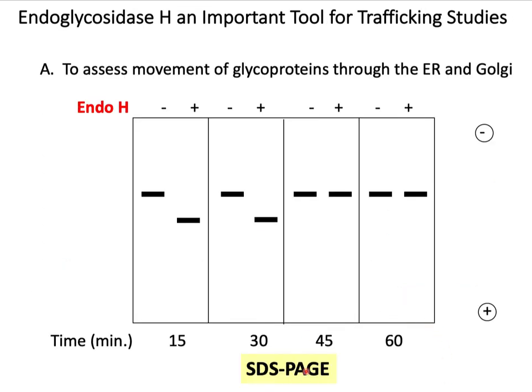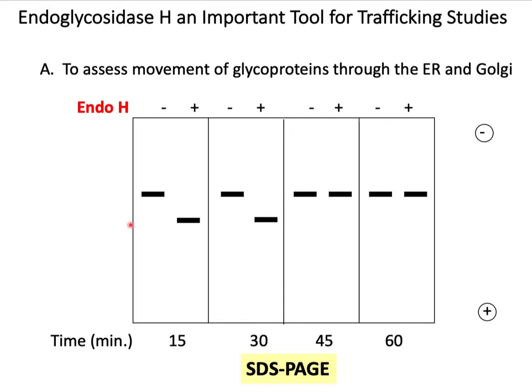So here is the same experiment using the endoglycosidase H, but remember, the opposite happens in this case. For endoglycosidase H, the protein is sensitive until it crosses the medial Golgi, and then it becomes resistant.